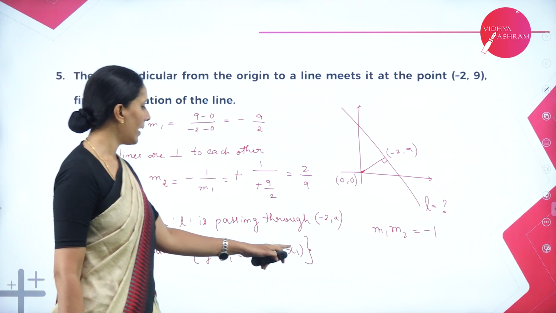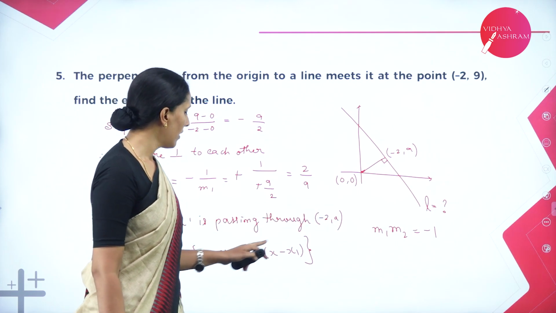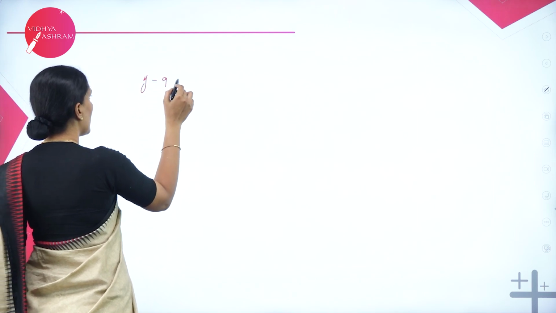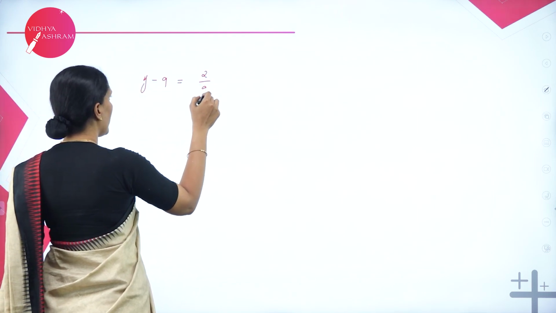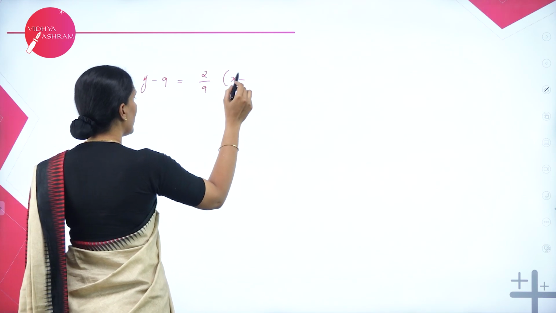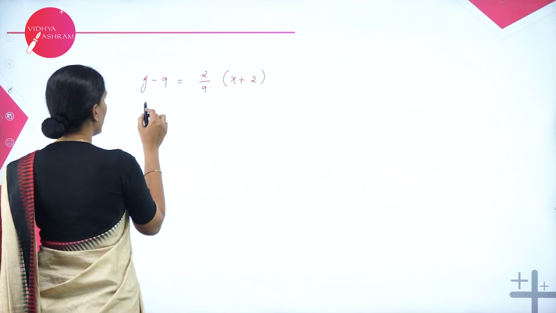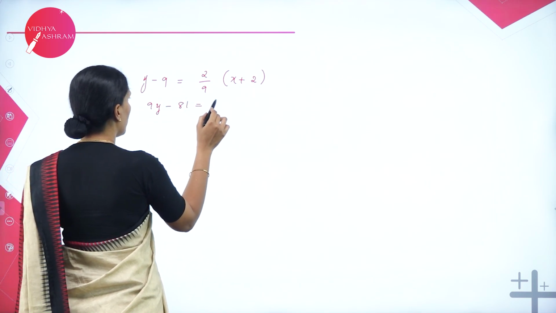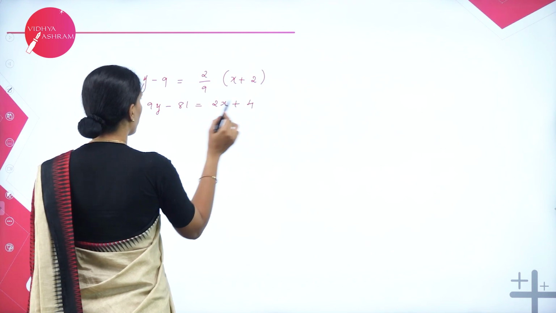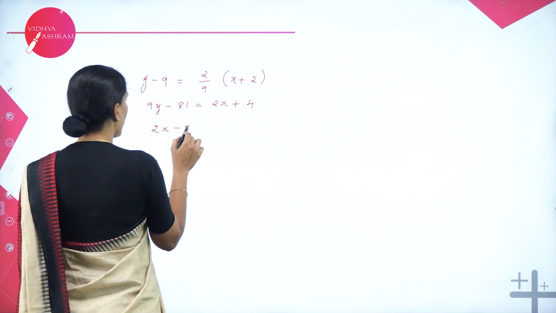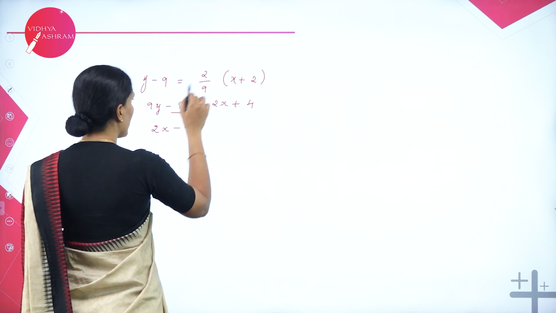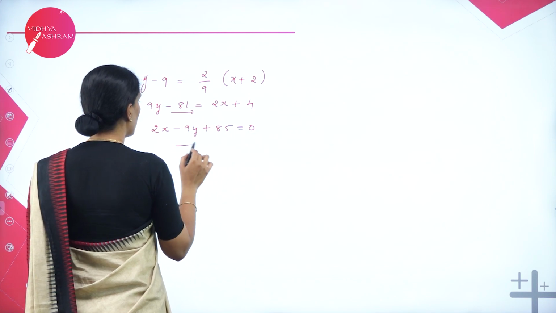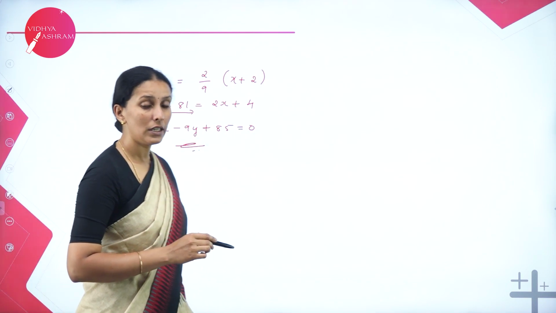If we consider x1 and y1 as minus 2, 9 and m as 2 by 9, then the equation becomes y minus 9 is equal to 2 by 9 into x minus of minus 2, which becomes plus 2. So then the equation is 9y minus 81 is equal to 2x plus 4, or 2x minus 9y plus 81 plus 4, which becomes plus 85, is equal to 0. So this is the required equation of the line.